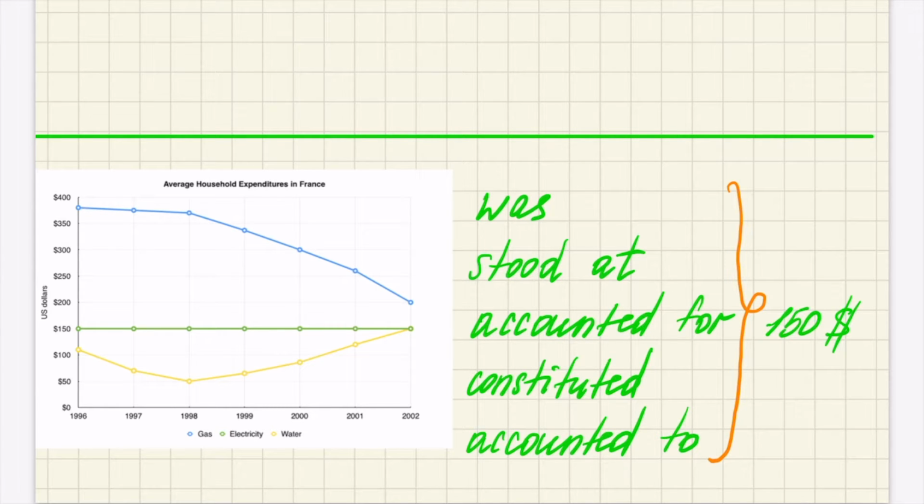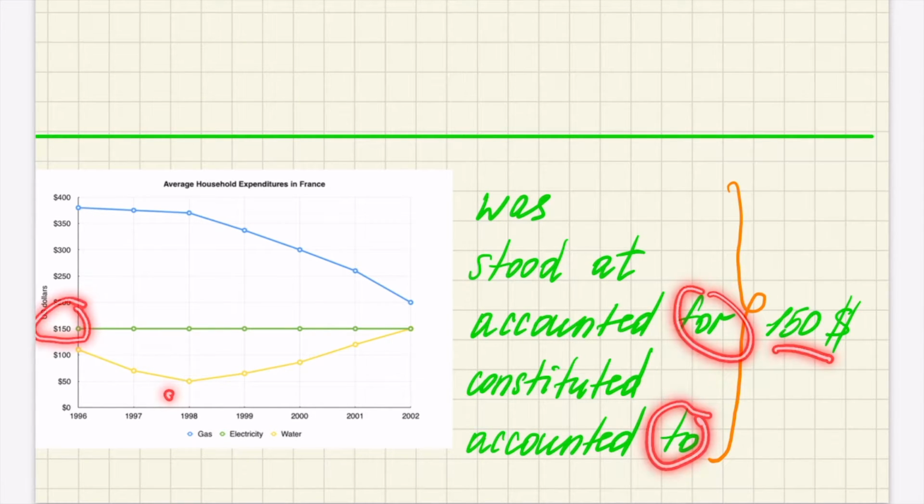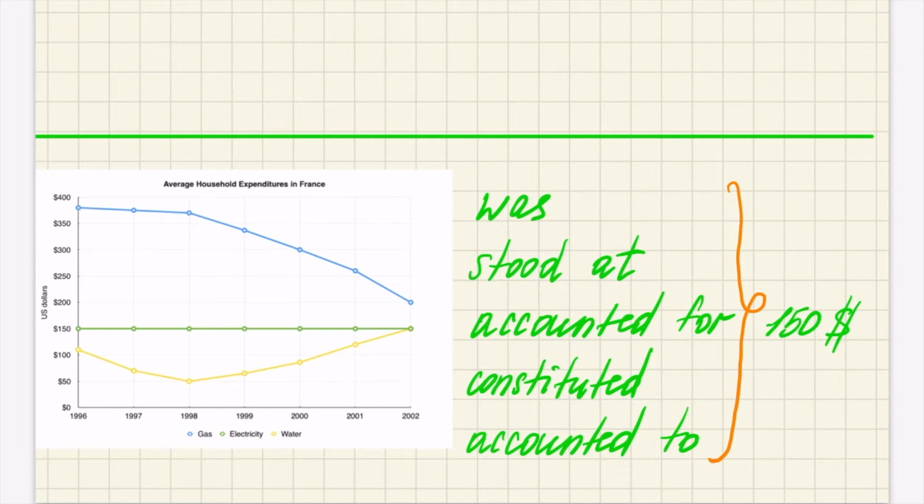When you want to talk about one measure which stood at a certain point, for example, spending on electricity in 1996 stood at, or was, or accounted for, or constituted $150. You were talking about this point. In order to describe it, you can use all of these words. Basically, some of them are synonyms. So this is one of the examples.